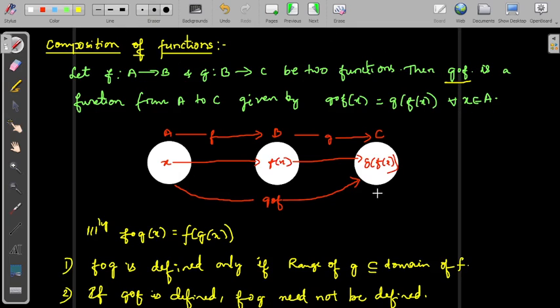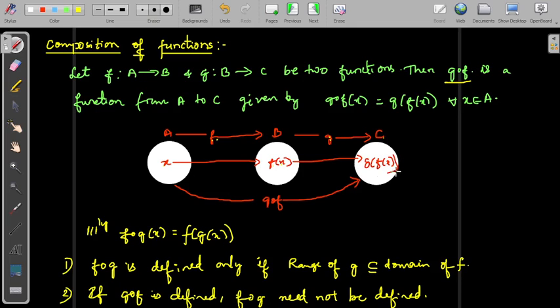Pictorially, I have represented this here using an arrow diagram. f is a function from A to B and g is a function from B to C. Now f takes an element x of A to an element of B, which is f(x). Then g takes f(x) to a new element in C, which is g(f(x)).